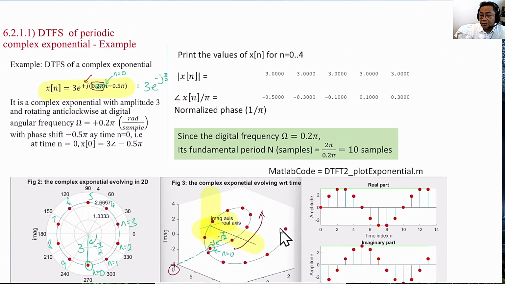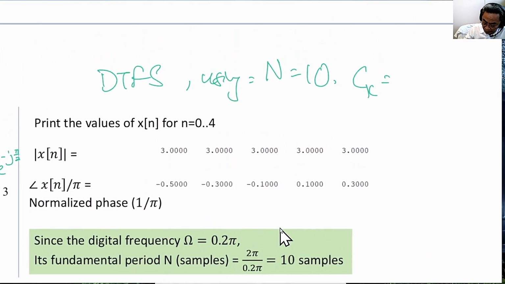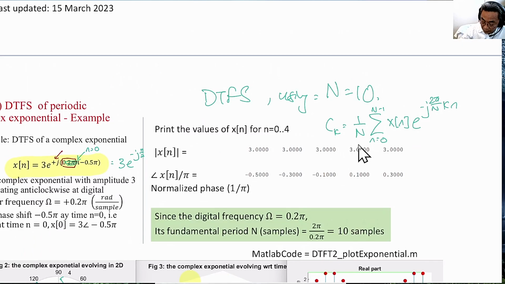So in this case, you can generate 10 samples and then apply the DTFS equation using N equals 10 to generate c_k, and c_k, remember, is this equation here. Now if you do that, you'll get the correct answer, but for a complex exponential, there is a much easier way.